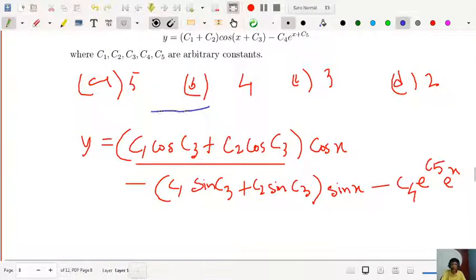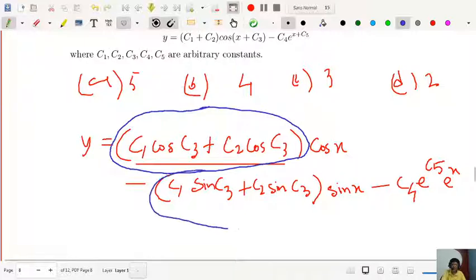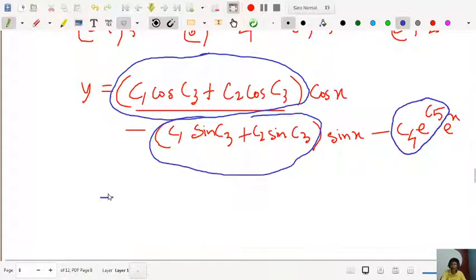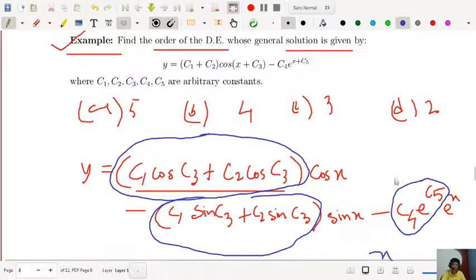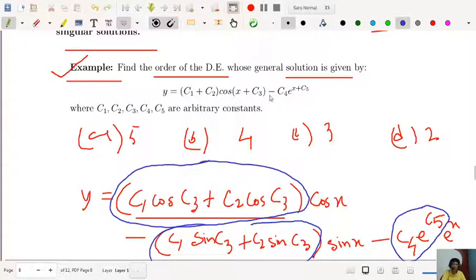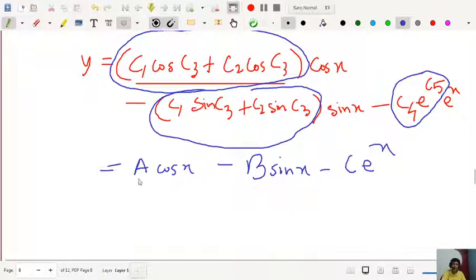If I write this constant as a, this constant as b, and this constant as c, then you have a cos x minus b sin x minus c e to the power x. So how many arbitrary constants now?